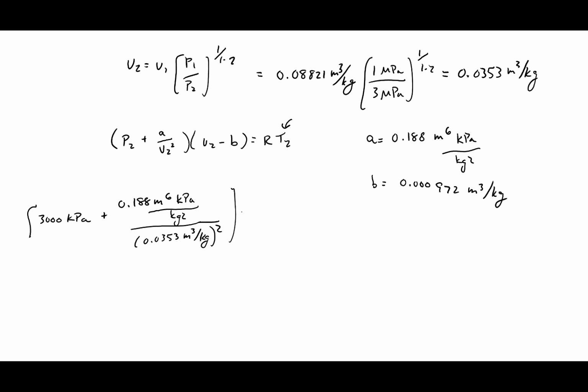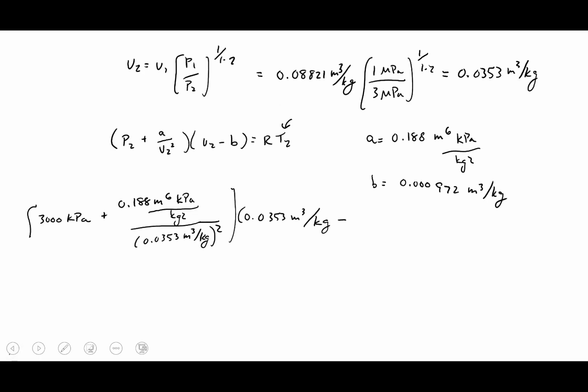This is multiplied by V2, which is 0.0353 meters cubed per kilogram, minus 0.000972 meters cubed per kilogram.